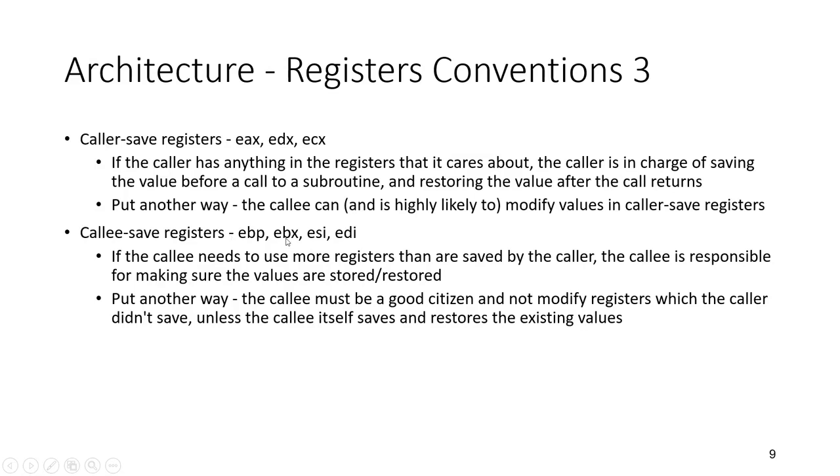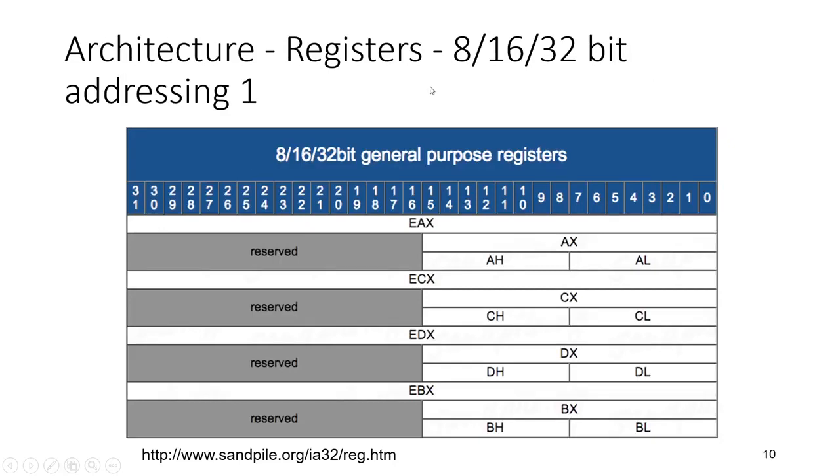If the callee needs to use more registers, then the callee is responsible for making sure these values are stored, and it should not modify other values. Okay, that's all, just basics you need to remember for this.